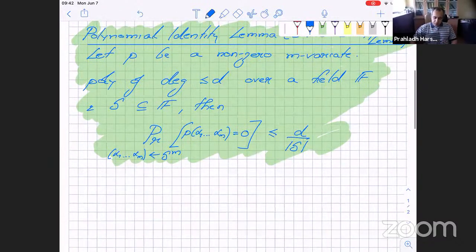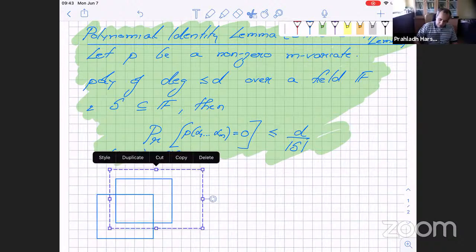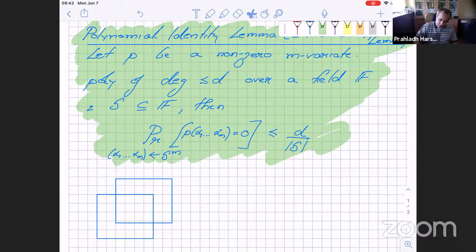S is some grid. So S is some subset of F, and you're looking at the polynomial on this S to the m grid.